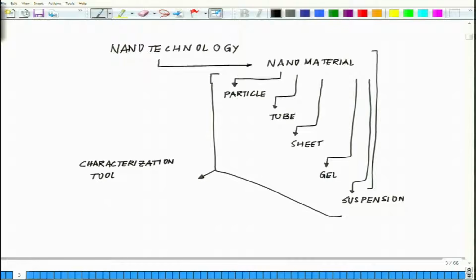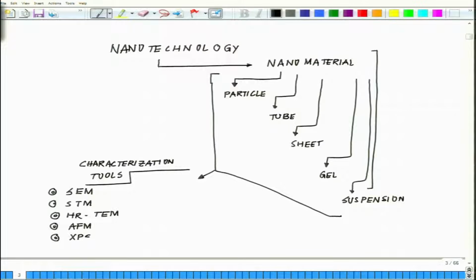So, we have to use a series of characterization tools, which includes SEM, scanning electron microscopy, STM, scanning tunneling microscopy, high resolution transmission electron microscopy, AFM, atomic force microscopy, XPS, X-ray photoelectron spectroscopy, FTIR, Fourier transform infrared spectroscopy.